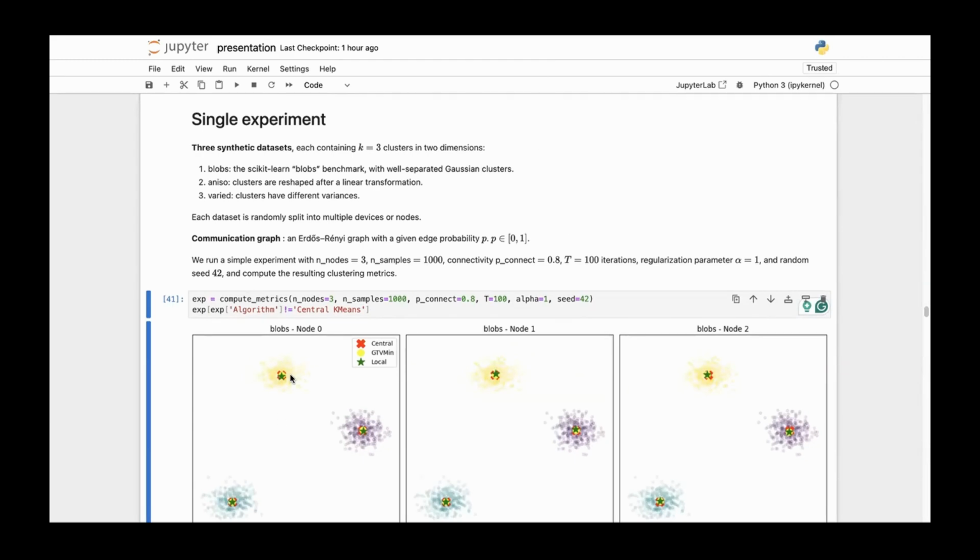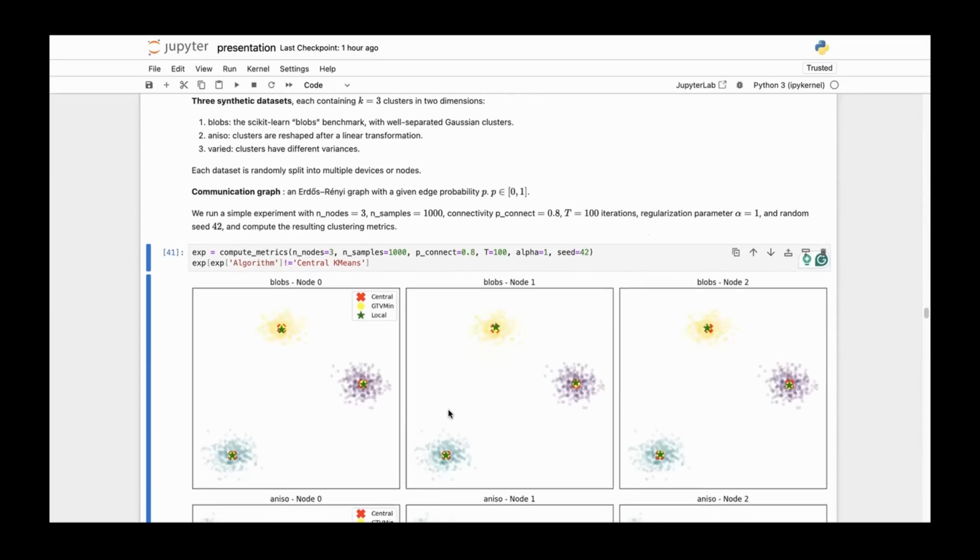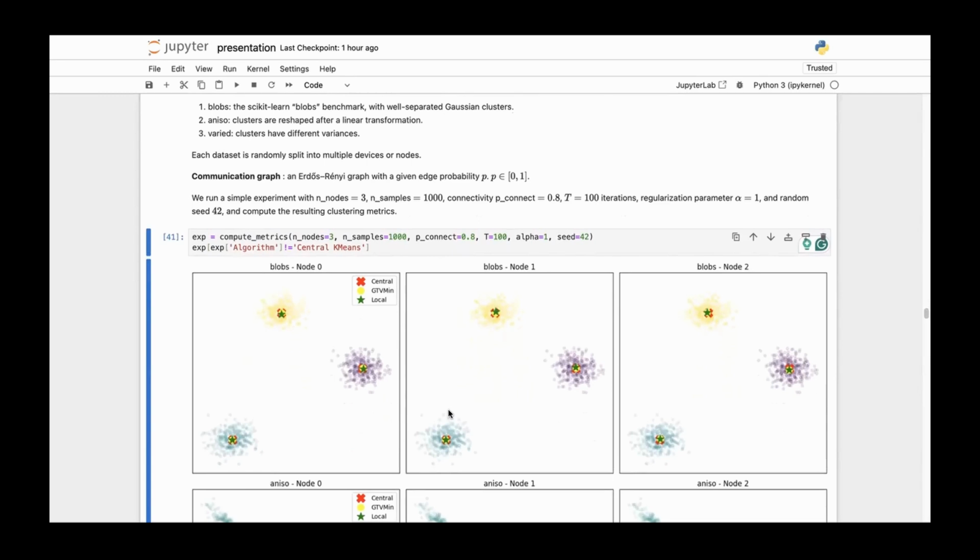The first data set, we name it blobs. We implement it by using scikit-learn blobs benchmark. And the first row here are the blobs dataset. The clusters are well separated and they have very good Gaussian shapes. And the second dataset, we call it Aniso, which is a variant of this blobs dataset.